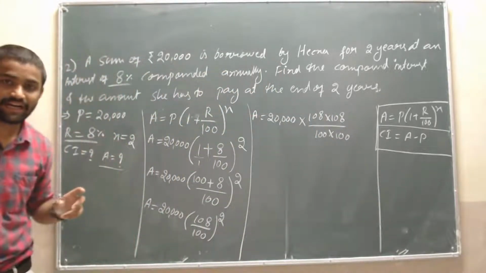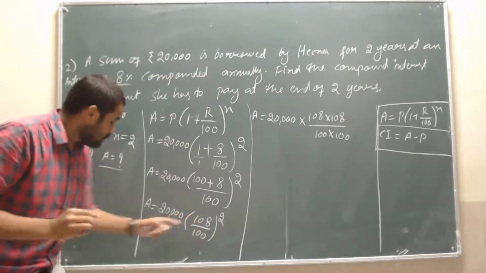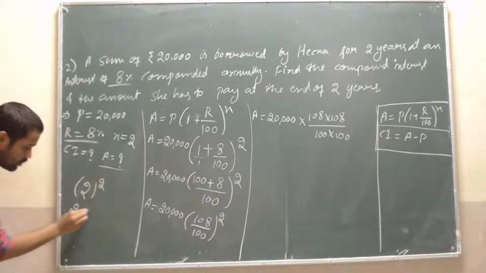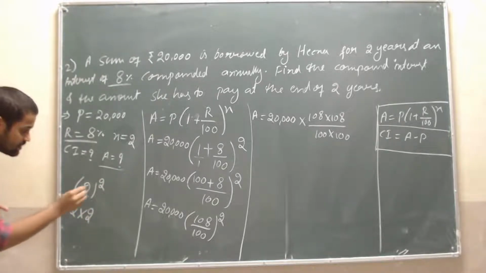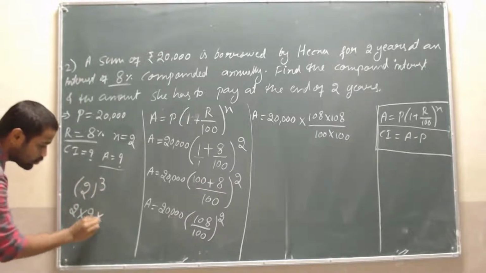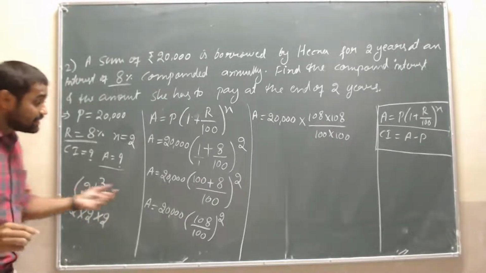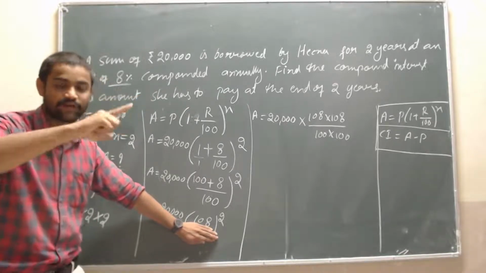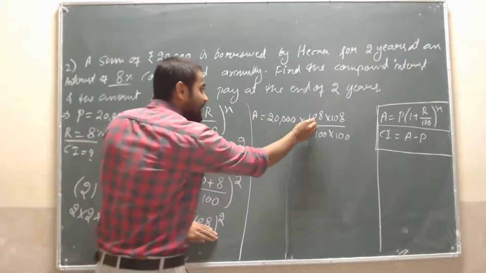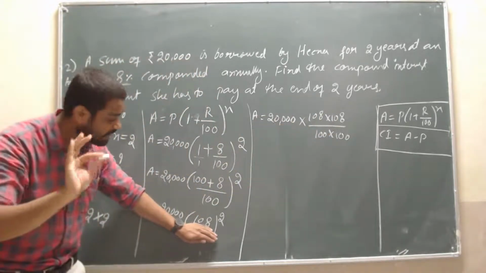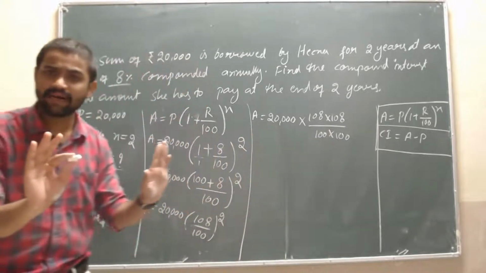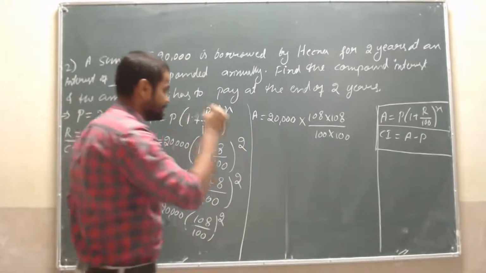See here, 2 square is nothing but 2 into 2. 2 cube is nothing but 2 into 2 into 2. Like that, 108 square is 108 into 108. Clear? And 100 square is 100 into 100. Simple.